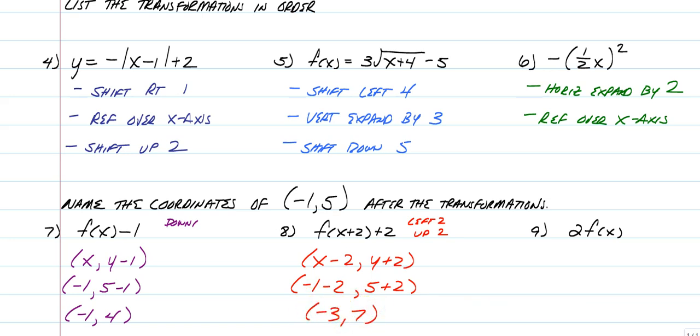Finally, the last one. We have vertically expand by 2. That would mean we're doing x comma 2 times y, the entire thing. When we plug that in, that's going to give us -1 comma 2 times 5, which is -1 comma 10.